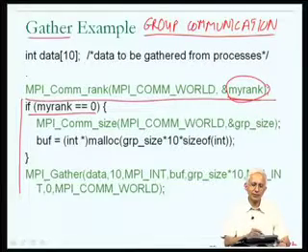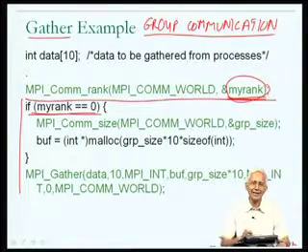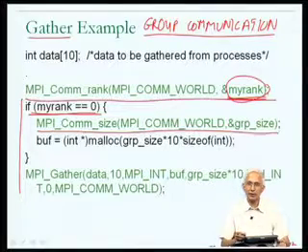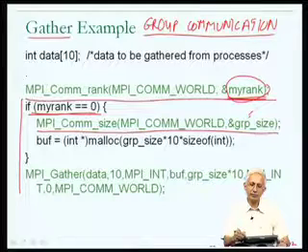So in this particular example, after all the processes have determined who they are in terms of what their rank is, one particular process which has a rank of 0 actually finds out what the size of the communicator is. In other words, it tries to find out how many processes this program is running as. So if the program is running as 100 processes, then it will set its variable group size to 100.